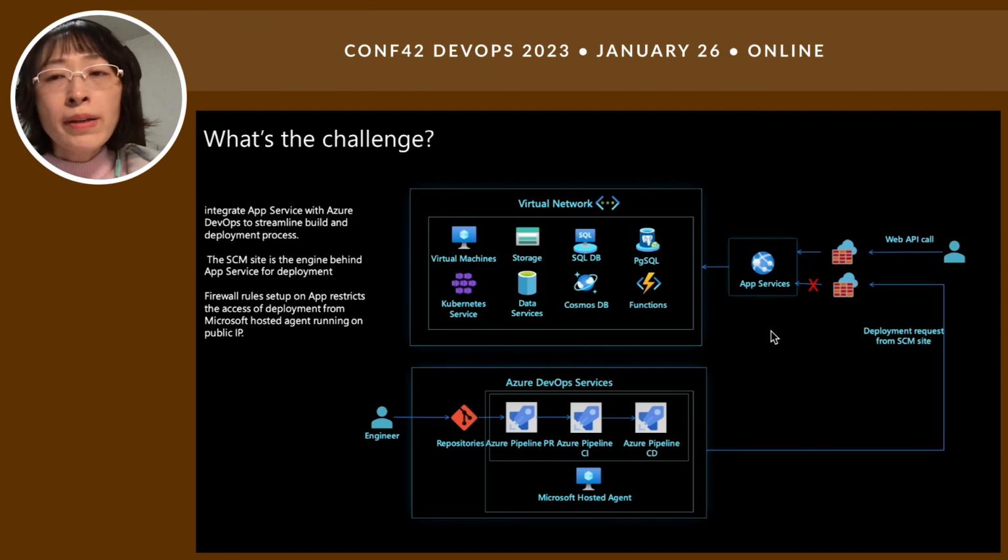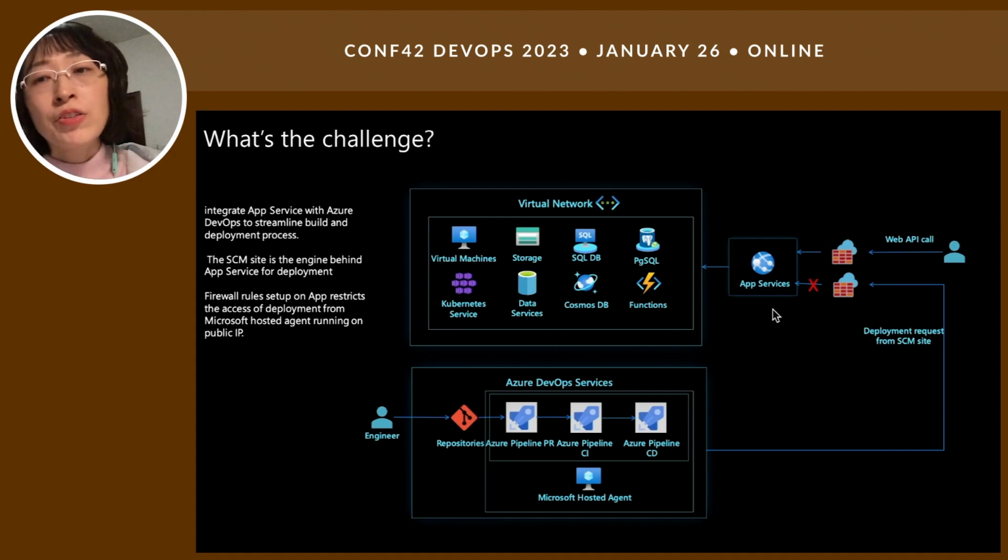For people who may not be aware of an SCM site, it's actually the engine behind any Azure Web Application for deployment. That means if you want to deploy any upgraded or new version to the web application, you need to deploy that first to the SCM site of the web application, and then make the upgrade to the app.